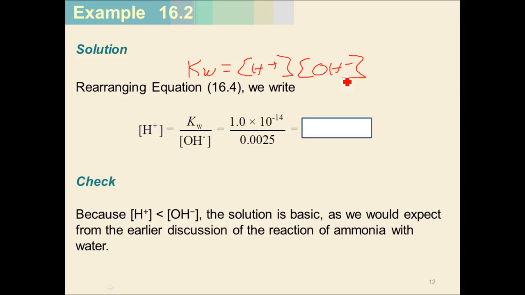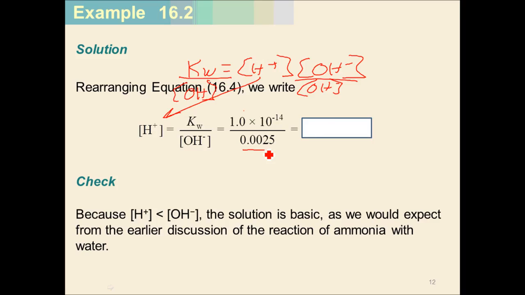When we rearrange to solve for the hydrogen ion concentration, we're going to divide both sides by our hydroxide ion concentration. And so we're going to substitute in 1 times 10 to the minus 14 divided by 0.0025.